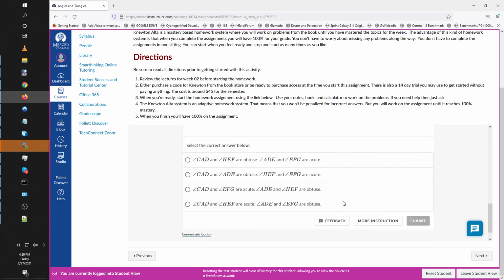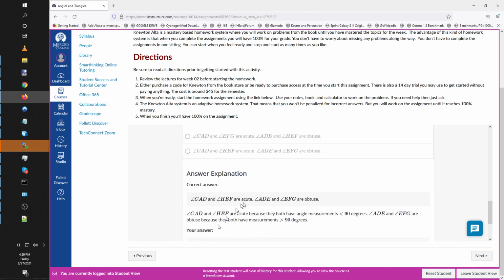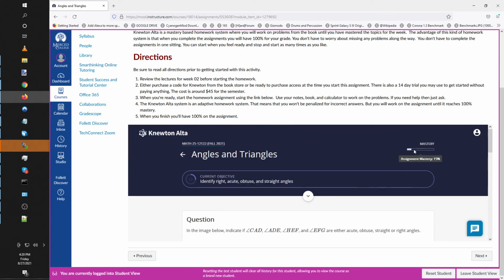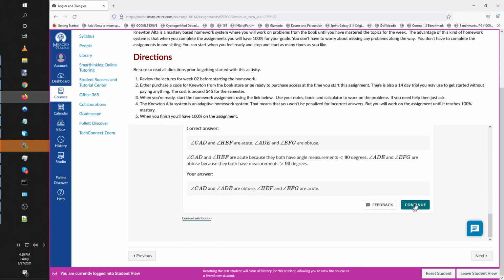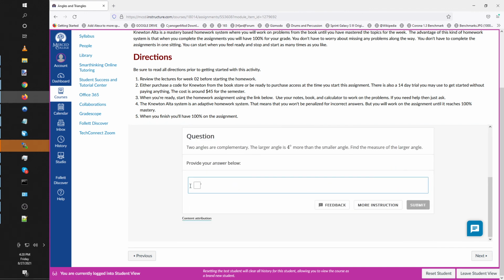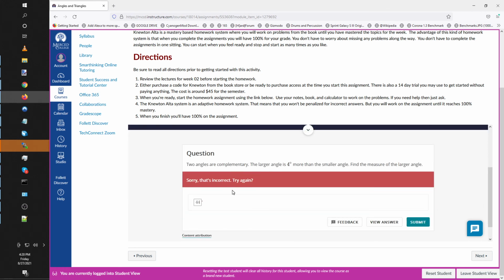So when you get problems wrong, I'm just going to pick an answer here, probably get it wrong. They explain how to do the problem. Continue. I know how to solve this, but let's just do it wrong. I got it wrong.